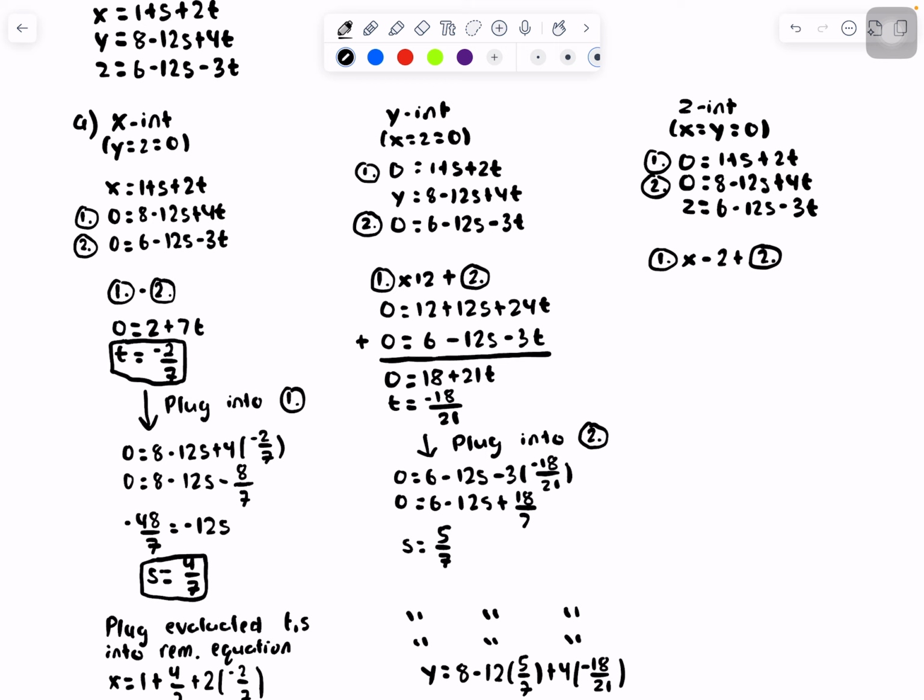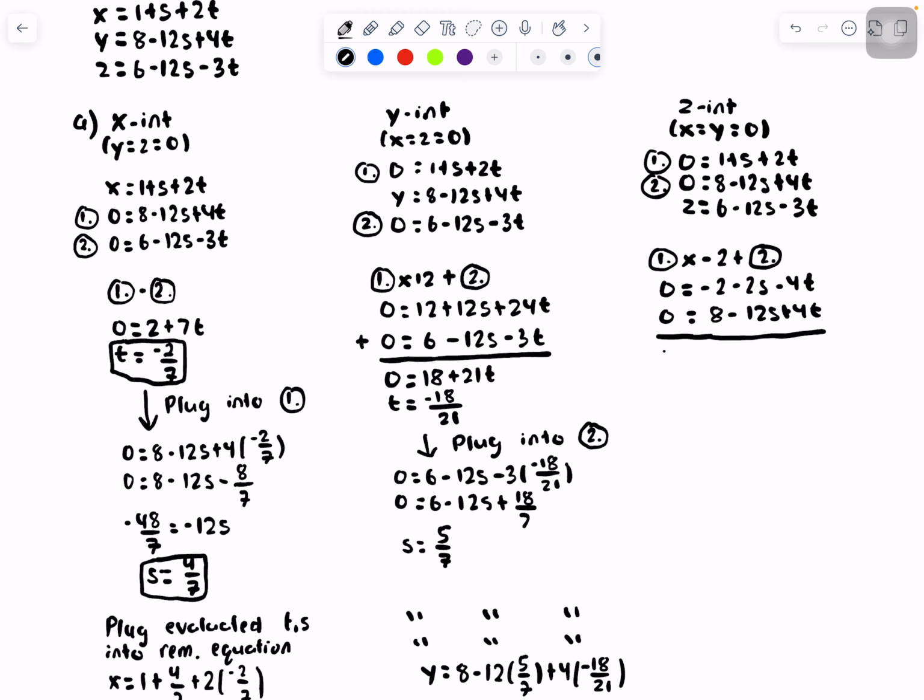That's going to be 0 equals negative 2 minus 2s minus 4t. And then I'm keeping the second equation the same. 0 equals 8 minus 12s plus 4t. Bye-bye t.